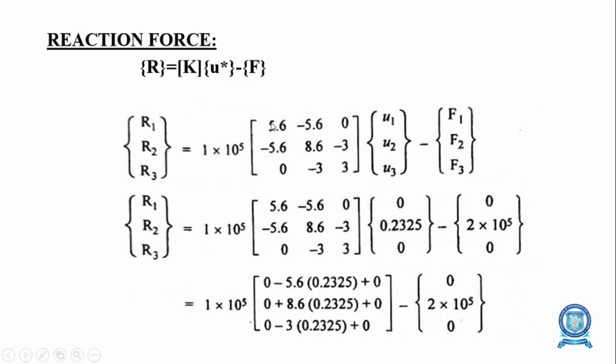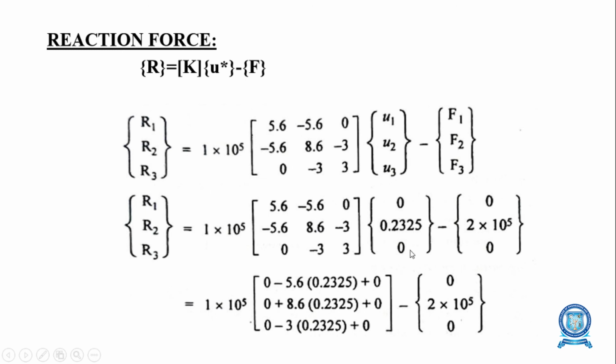So now with all the values, we are going to substitute in this equation. R1, R2, R3 is equal to 1 into 10 to the power 5 matrix of 5.6, minus 5.6, 0, minus 5.6, 8.6, minus 3, 0, minus 3, 3, into vector matrix of 0, 0.2325, 0, minus vector matrix of 0, 2 into 10 to the power 5, 0. Here we are going to find the values of R1, R2, R3 by multiplying the matrix equations, row into column.